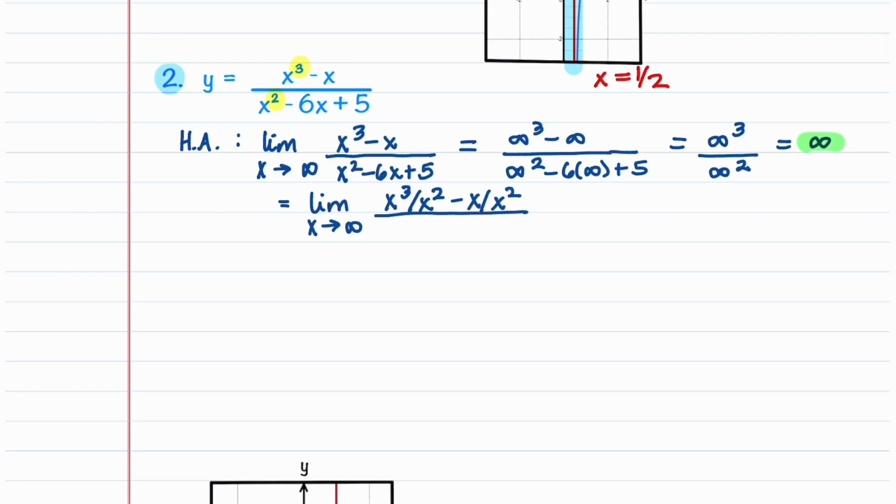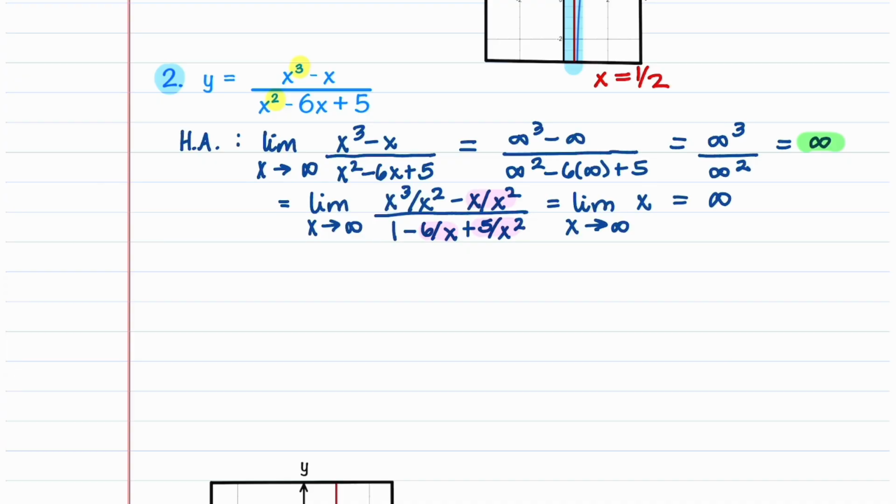We're dividing the top and the bottom by x squared, so this is 1 minus 6 over x plus 5 over x squared. This term goes to 0, as does this term and this term. So we're left with the limit as x goes to infinity of x, which is just infinity. And that matches what we got earlier.